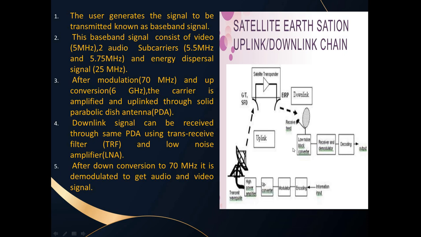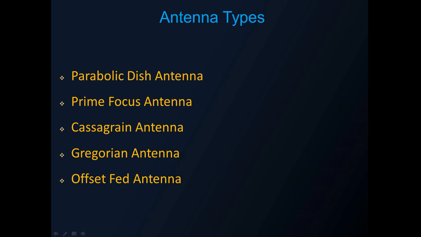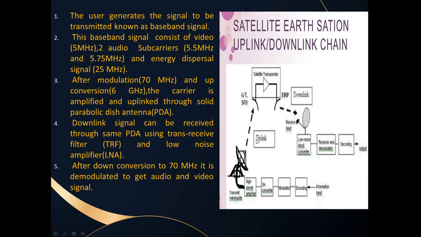The signal generated by the user to be transmitted is known as baseband signal. This baseband signal consists of video, two audio subcarriers and energy dispersal signal. After modulation and up conversion, the carrier is amplified and uplinked through a solid parabolic dish antenna, that is PDA.